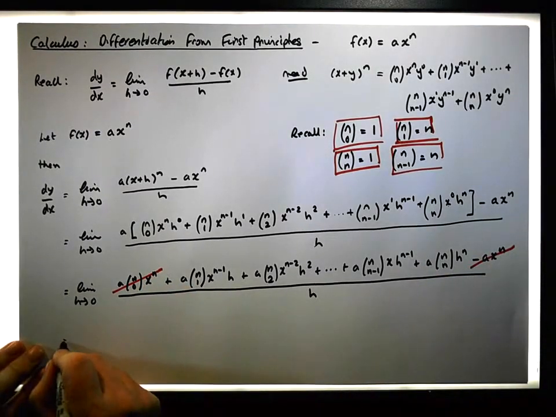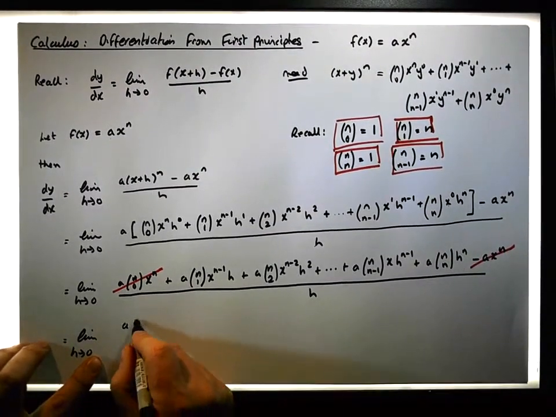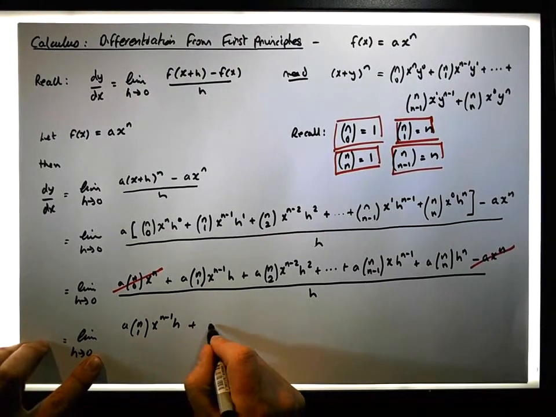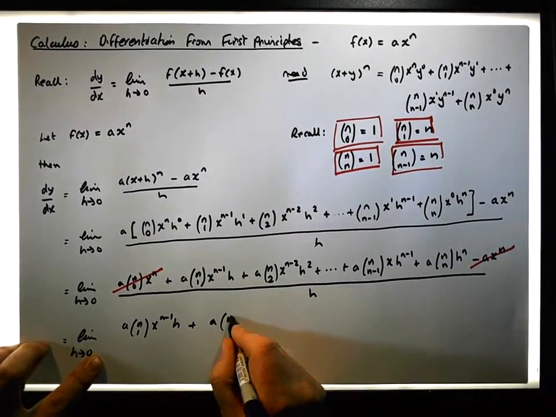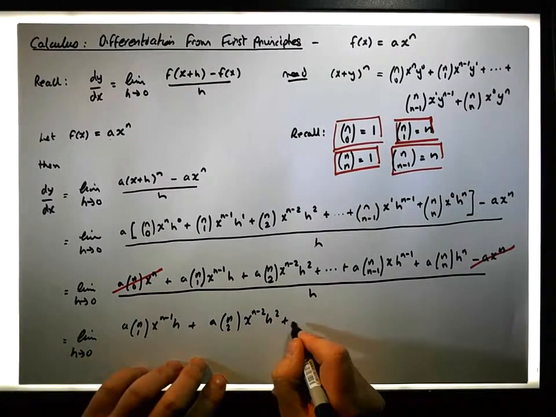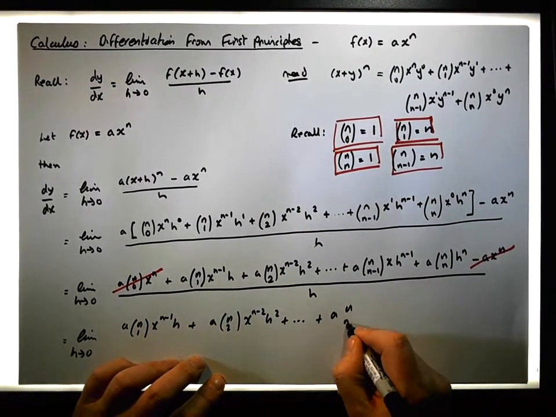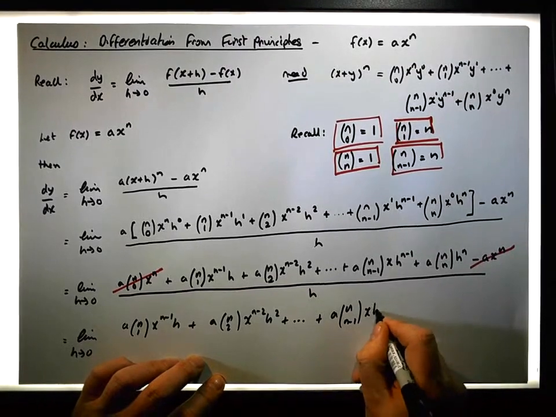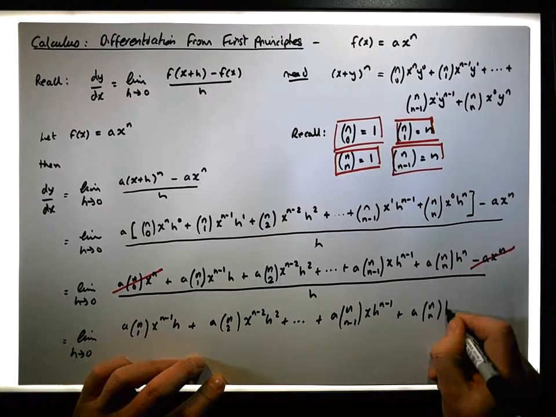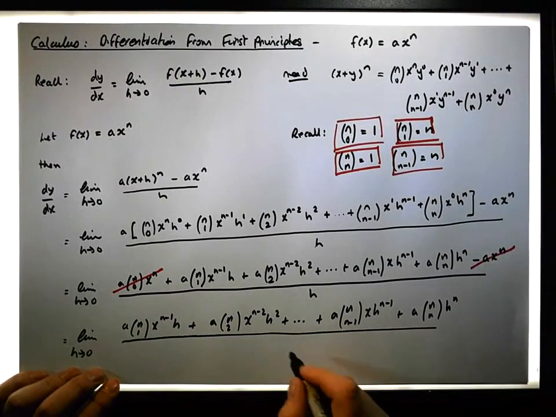So this now becomes the limit as h tends to 0 of a times nC1 times x to the n minus 1 times h, plus a times this term nC2 times x to the n minus 2 times h squared, plus all the way through, plus this term a times nC(n-1) times x times h to the n minus 1, plus a times nCn times h to the n, which all needs to be divided by h.